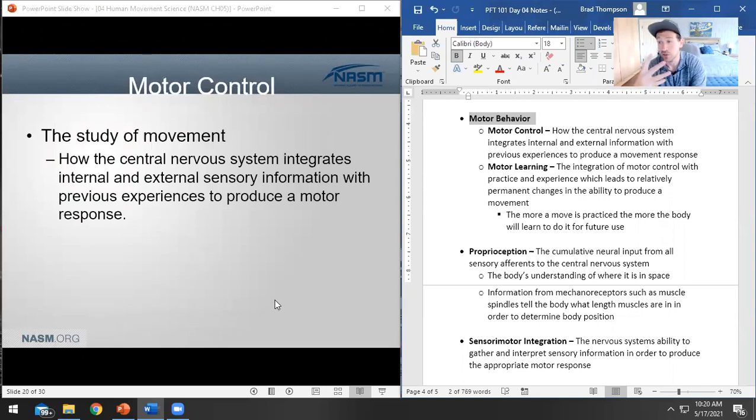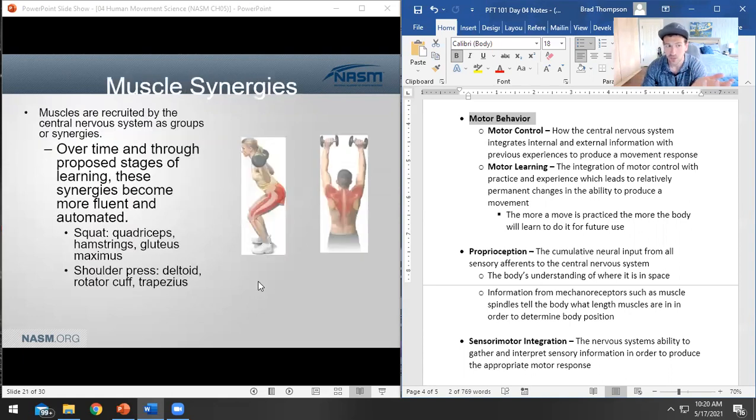So it's how your nervous system integrates this internal information that it has, the length of your muscles and things like that, with the external sensory information and previous experiences. So looking at that, this is going to be made up of a couple different pieces here.